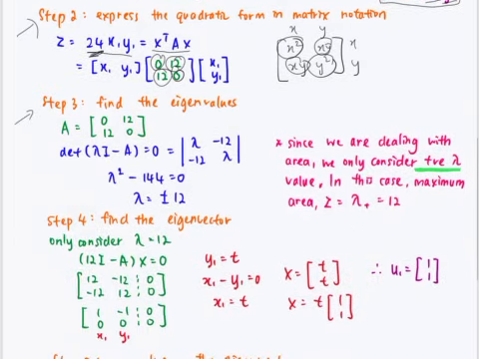Now step 3 will be to find the eigenvalues, and there's a tip for your eigenvalues and eigenvectors. It depends on the question. Your question might be asking you to find the maximum and minimum, or maybe just the maximum, or maybe just the minimum. If the question is asking you to find only the maximum or only the minimum, you just need to deal with one of the eigenvalues.